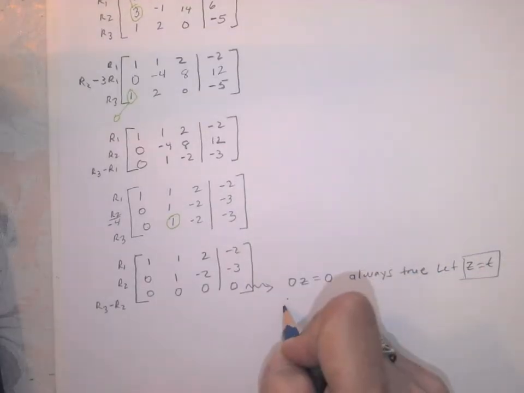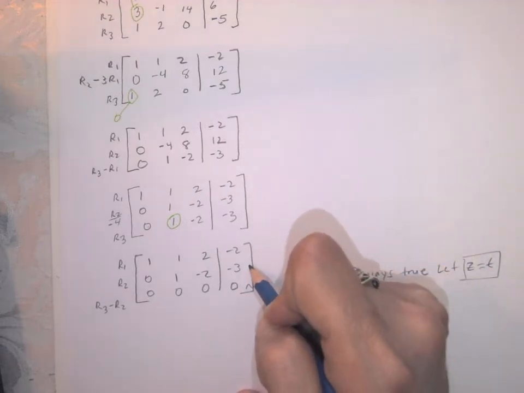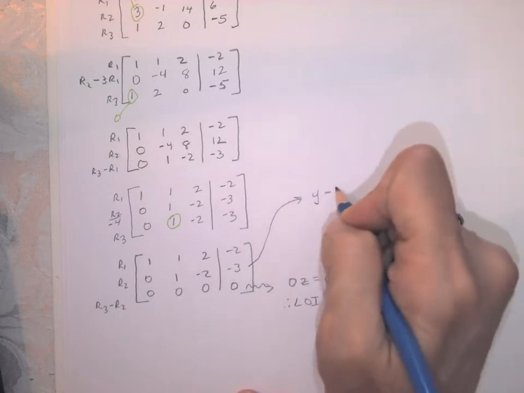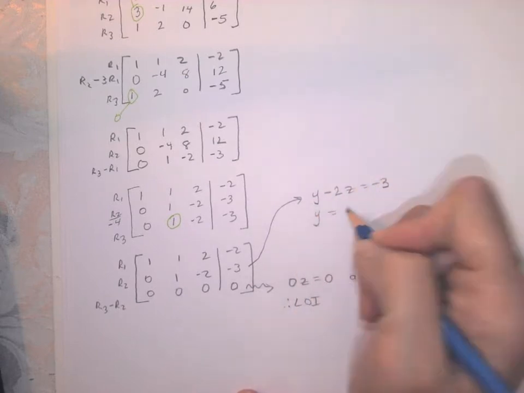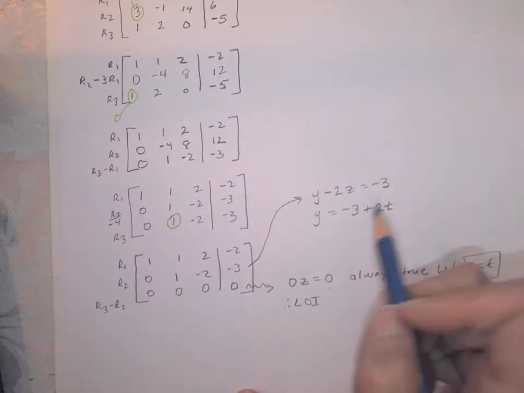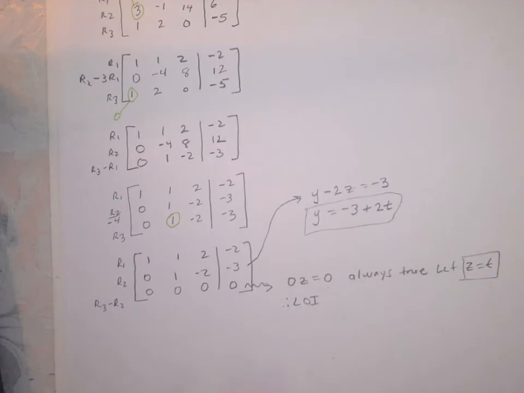Now we're going to read the y parametric next. We've got that y minus 2z equals -3, or that y equals -3 plus 2t. So there's our y parametric, and we used back substitution there.